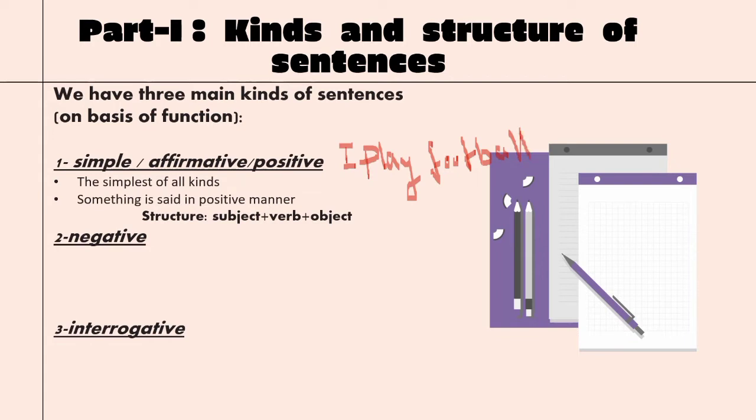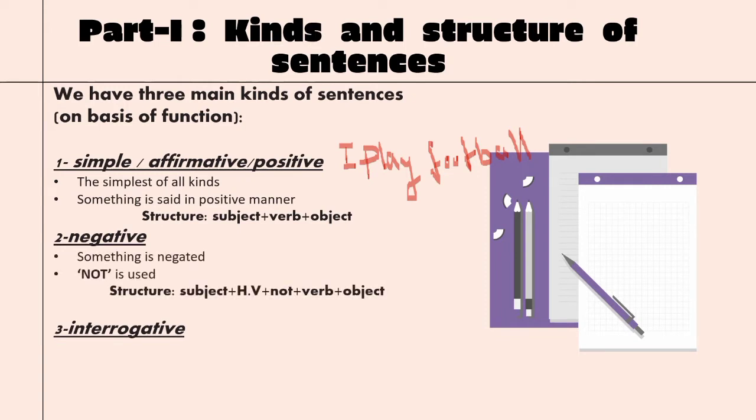So in this sentence, I is subject, verb is play, and football is object, and it is a kind of sentence in which something is positively stated, so such sentences are called simple sentences.